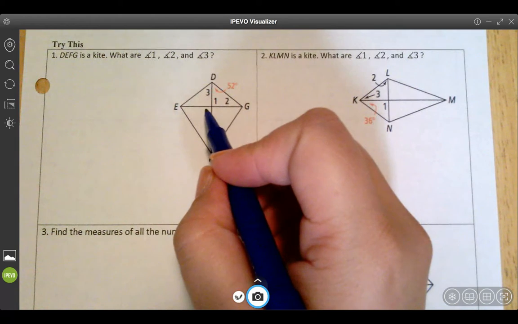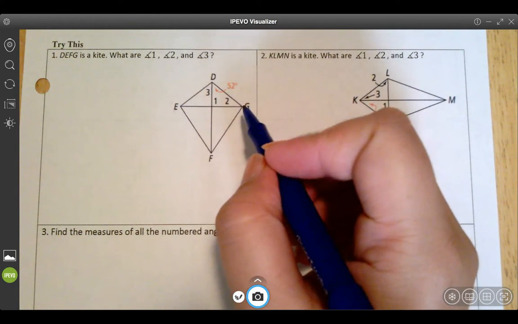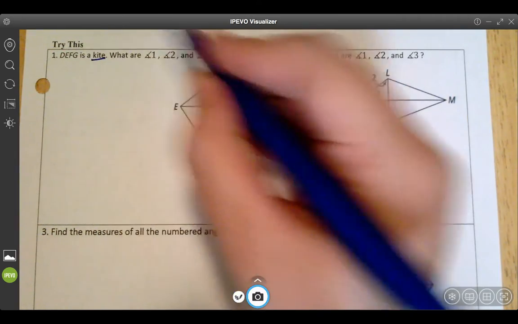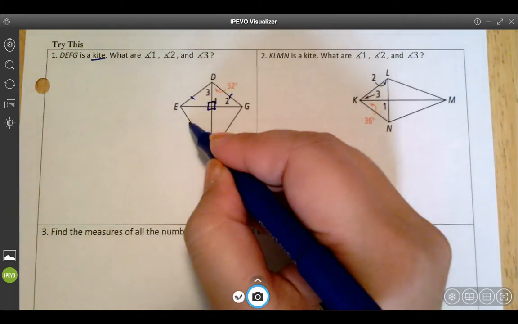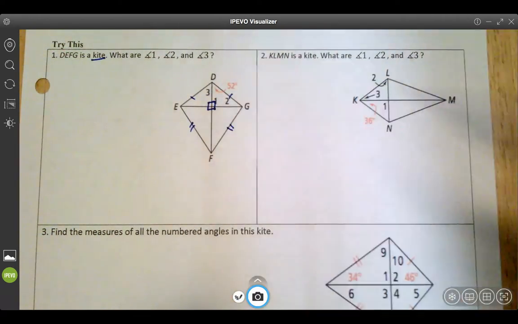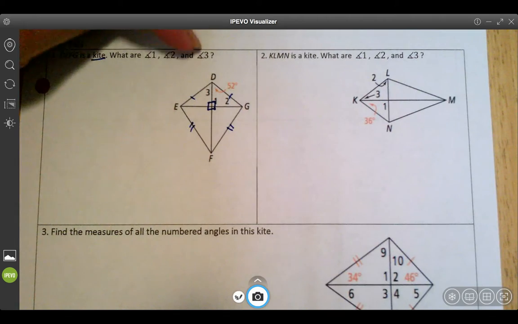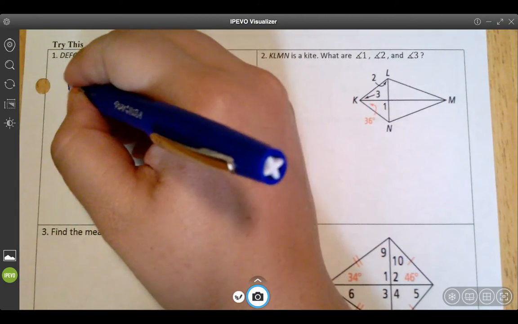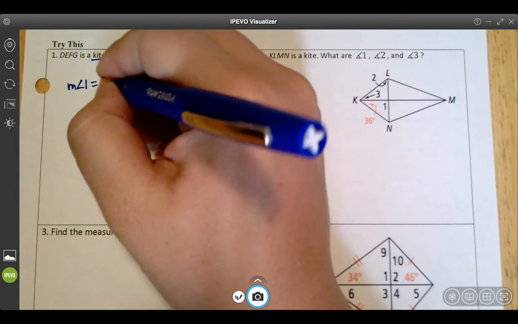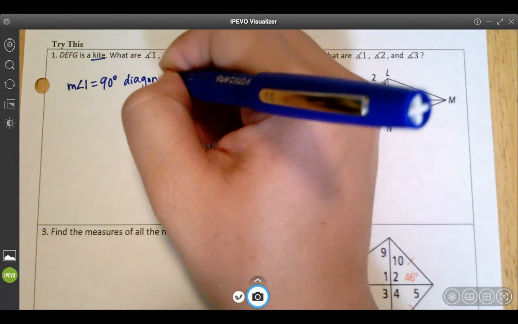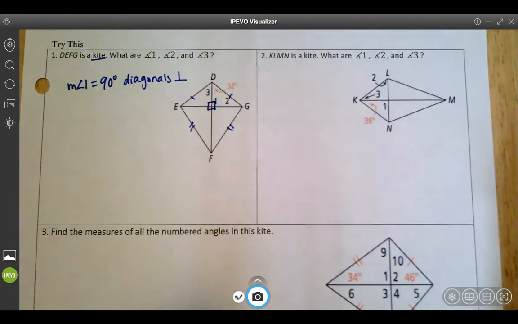We said that a kite's diagonals are perpendicular, and that means when I see this diagram and it says that it's a kite, I'm going to go ahead and mark congruences and those right angles, similar to a rhombus. And we want to find the measurements of angles 1, 2, and 3. So right away I can say the measure of angle 1 is 90 degrees because diagonals are perpendicular for a kite.